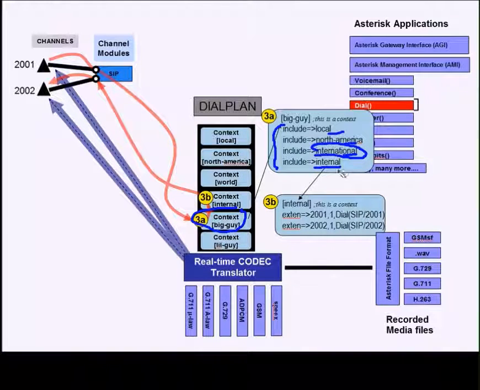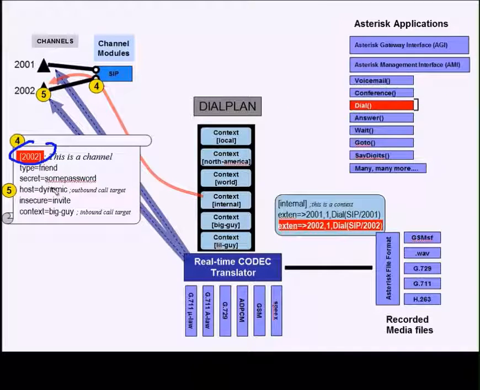And then in internal, we would actually see the match where 2002 says dial 2002, which would cause a proprietary message to be sent back to the SIP channel, where the SIP channel 2002 knows that the host is dynamic. So because phone number 2002 would have registered earlier, the IP address of the phone would be known because of that registration, and the SIP invite sent to the called party 2002, and the phone would begin ringing.